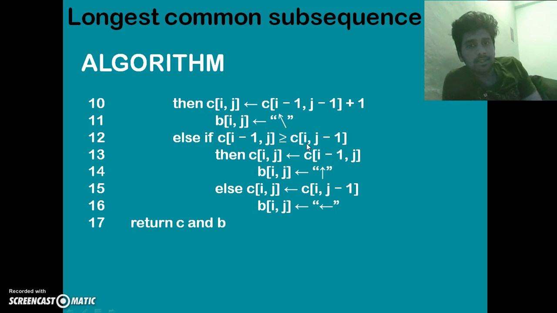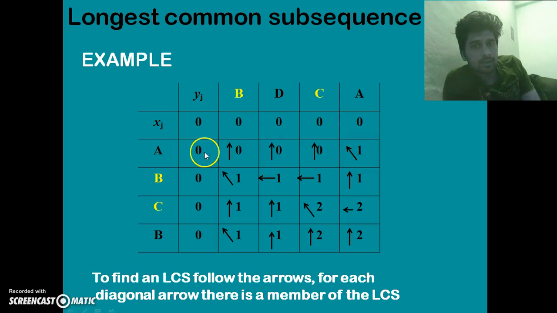Then we are assigning the value of c of i minus 1, j to c of ij with an upward arrow. So we are assigning an upward arrow in this block to our LCS c of ij.